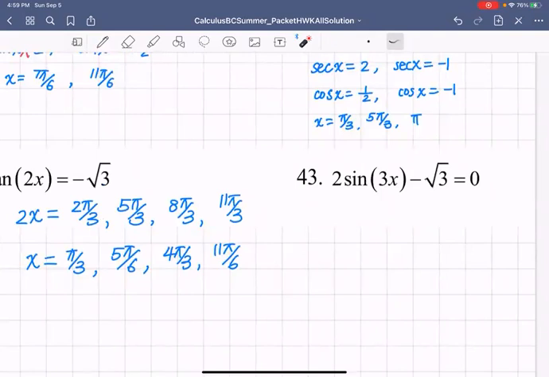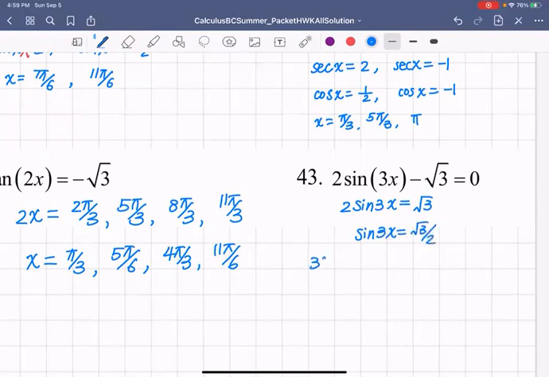So 2 sine 3x minus square root of 3 equals 0. So it's 2 sine of 3x equals square root of 3. And then you would divide by 2, right? So sine 3x equals square root of 3 over 2. And then 3x would equal pi over 3, 2 pi over 3.